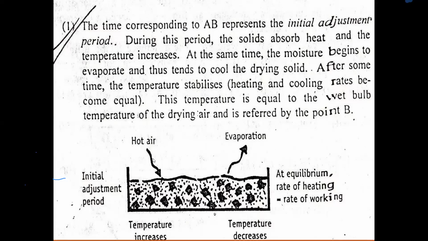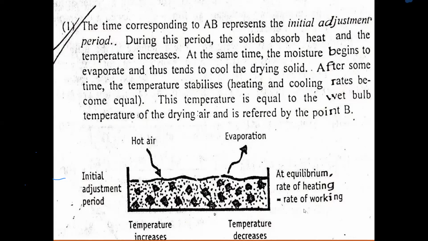Understand? If you just apply heating and there is no evaporation, the temperature keeps increasing and no drying happens. So diffusion of water molecules from inside the solid must transfer to the surface of the solid, and the moisture on that surface should be evaporated, and after the evaporation the temperature decreases.